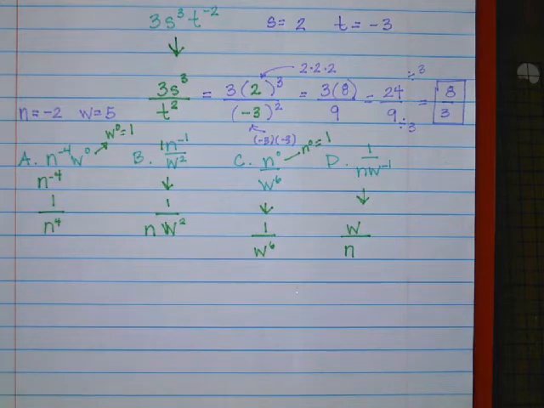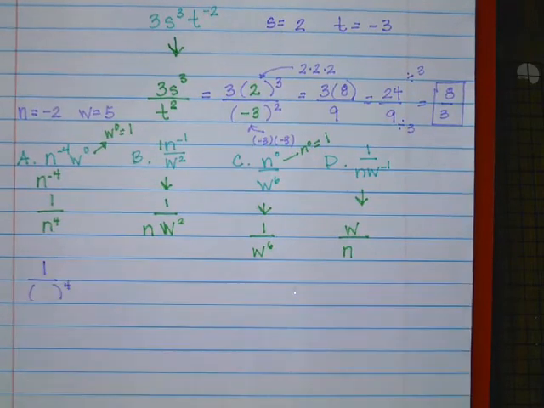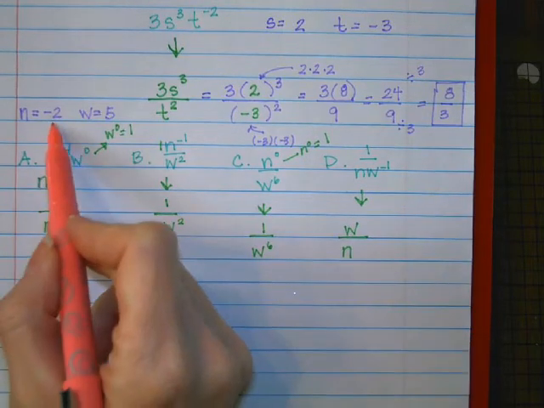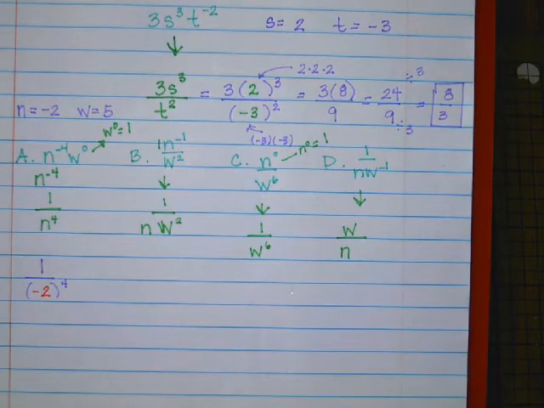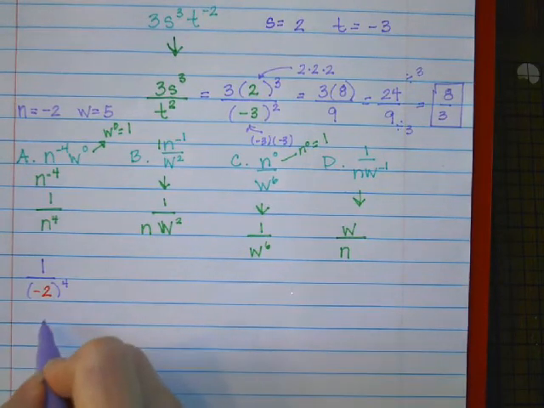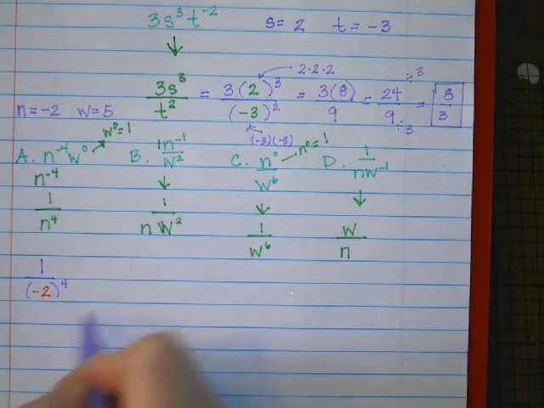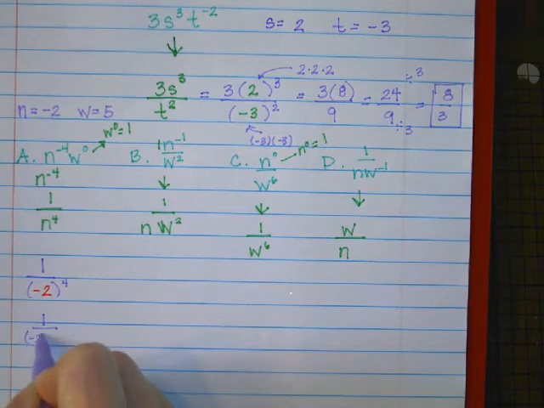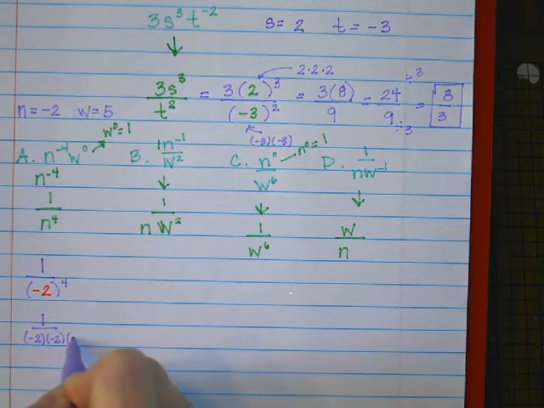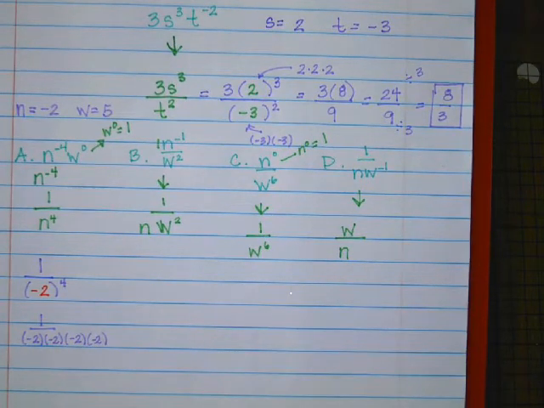All right, so let's go ahead and start that. So we've got 1 over our n value to the 4th power. So let's substitute in there what n is. n is equal to negative 2. So we're going to put that negative 2 in that spot. So now we've got this value, which means negative 2 times negative 2 times negative 2 times negative 2. That's literally what that negative 2 to the 4th power is.